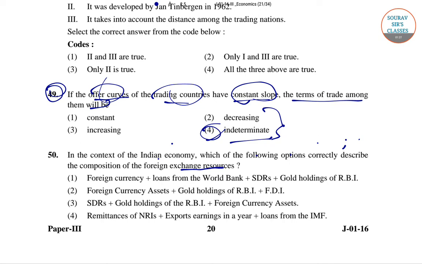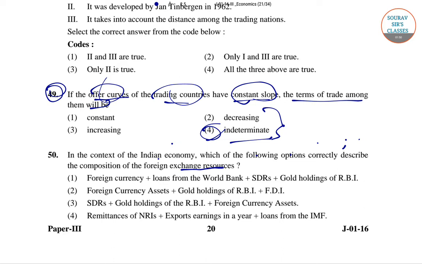Four options are given: foreign currency plus loans from the World Bank, SDRs, gold holdings of RBI; foreign currency assets plus gold holding of RBI plus FDI; SDRs plus gold holdings of RBI plus foreign currency assets; and remittances of NRIs plus export earnings in a year plus loans from the IMF.